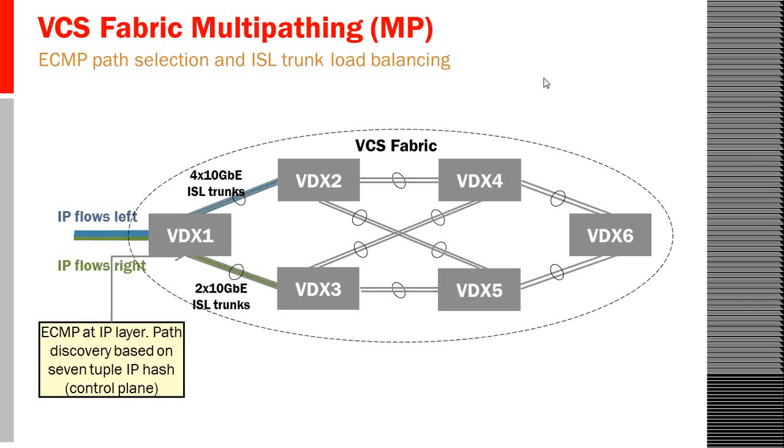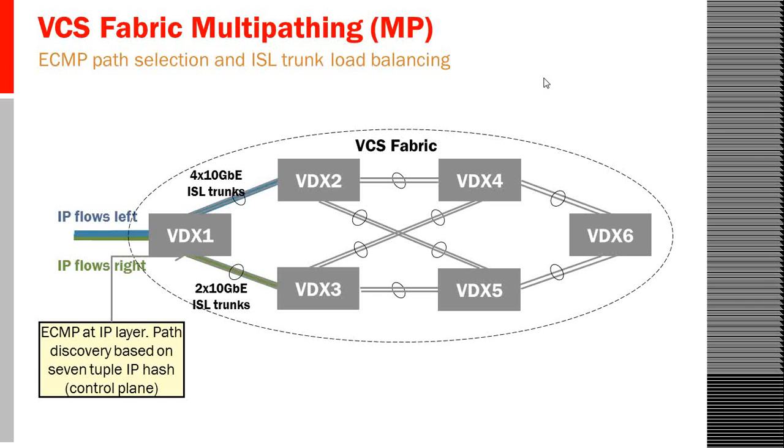At ingress to the fabric, we do a lookup on the 7-tuple IP hash type parameters, those parameters we're all used to in the Ethernet world, like source and destination IP, source and destination port. And we make a decision on the ECMP path out of those available.